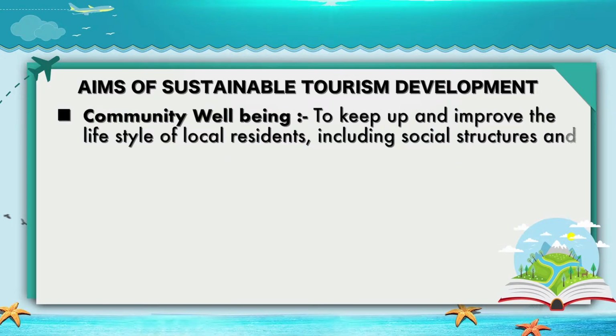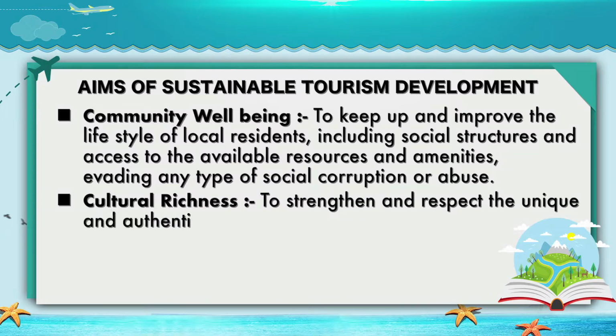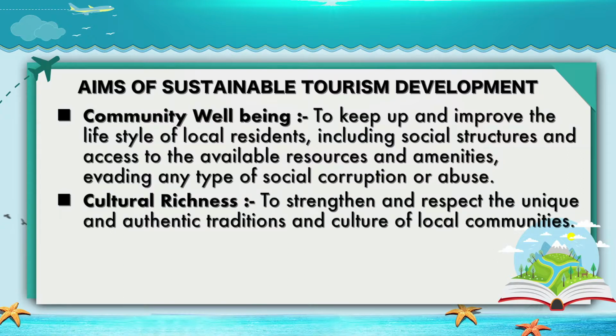Community well-being: to keep up and improve the lifestyle of local residents, including social structure and access to the available resources and amenities, evading any type of social corruption or abuse. Cultural richness: to strengthen and respect the unique and authentic traditions and culture of local communities.